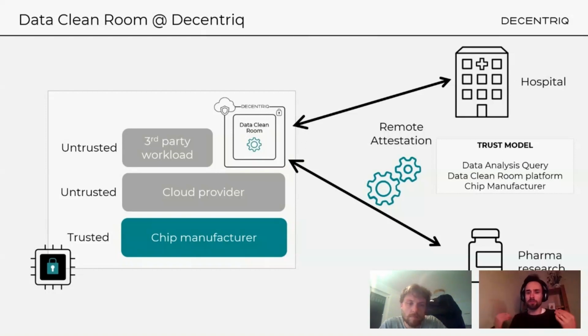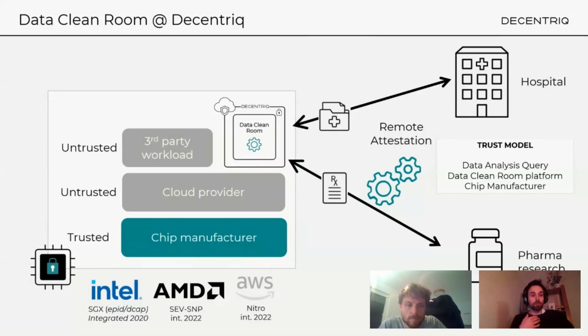Both the hospital and the pharma research company are going to check that the entire software that is deployed is secure, and the hospital can also check exactly which query is being computed on the data, and check that it's not going to leak any privacy sensitive information.